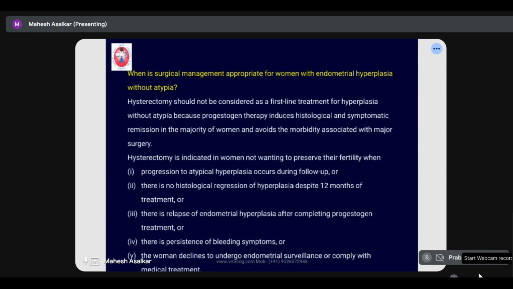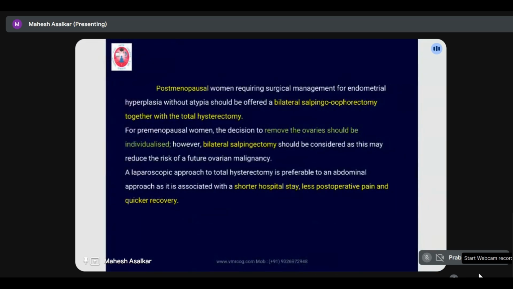Then what kind of surgical management is there? Postmenopausal women who require surgical management should be offered bilateral salpingo-oophorectomy together with total hysterectomy. But if she is premenopausal, then the decision to remove the ovaries should be individualized.